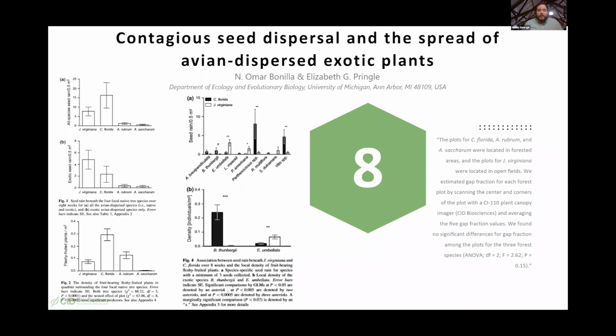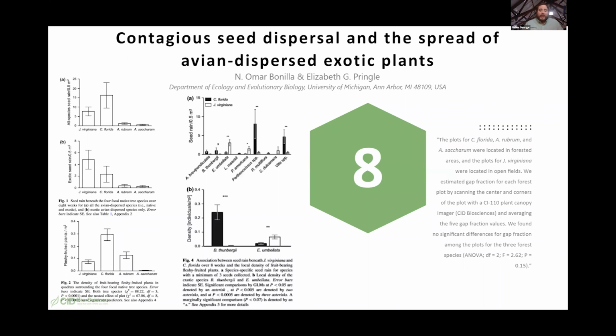Our eighth study is another deviation from the standard investigation using the CI-110. These researchers at the University of Michigan were trying to describe exactly what situations can cause the dispersal of exotic plants through what they call seed rain coming from birds.